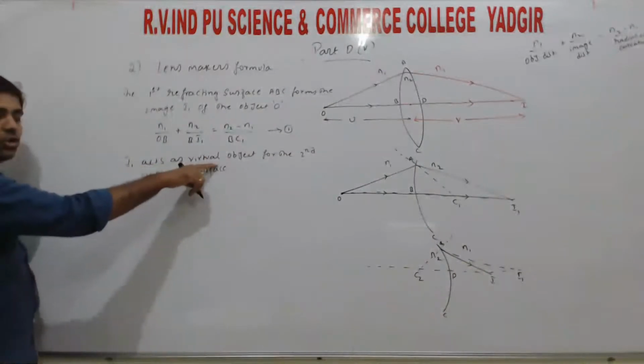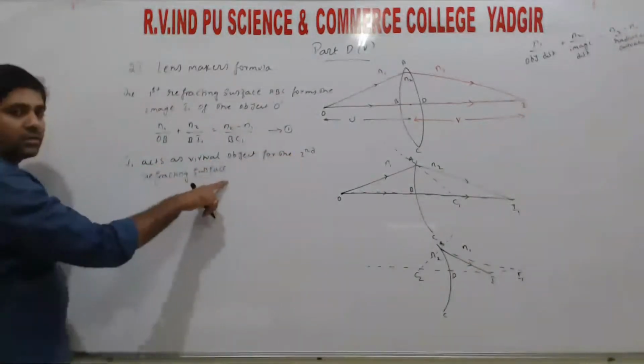So I1 acts as a virtual object for the second refracting surface. The image I1 formed by the first refracting surface inside the lens acts as an object, and I acts as the final image, right?